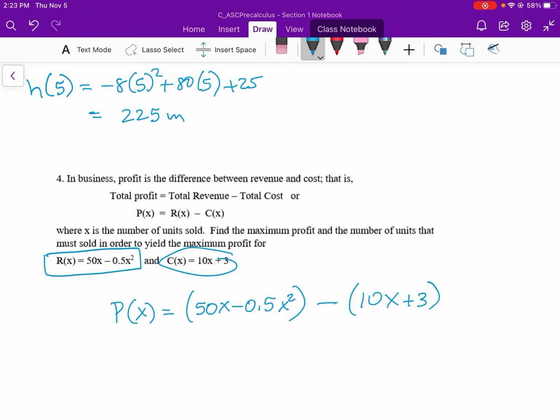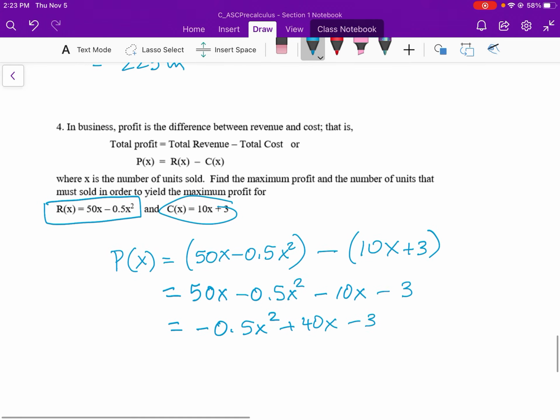I just put parentheses in so I don't forget something. So this is really 50x minus 0.5x squared minus 10x minus 3, or negative 0.5x squared plus 40x minus 3.